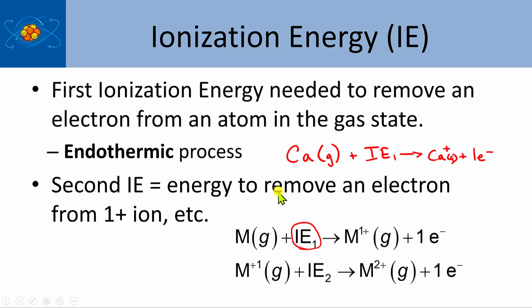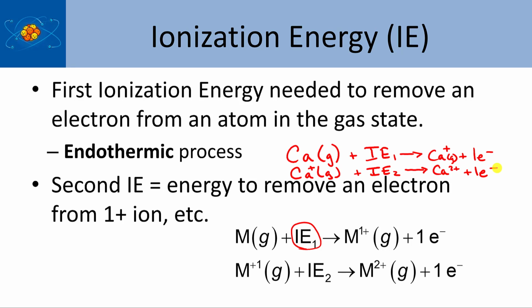Now, if you wanted to do the +2 ion, then what you'd have to do is the second ionization energy. And in fact, you can do a third or fourth or fifth. It just takes more energy to do that. The second ionization energy for calcium starts in the gas phase from the first ionization, plus the second ionization energy. That makes Ca2+ plus 1 electron.